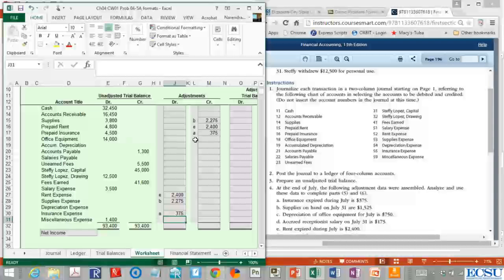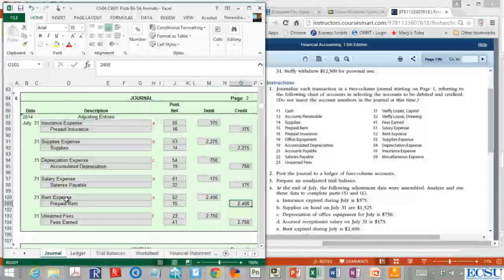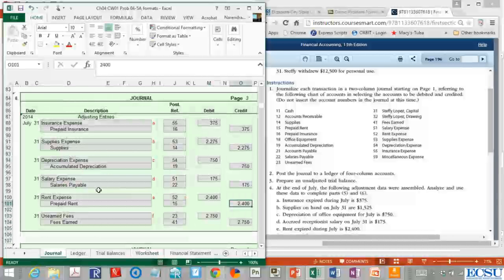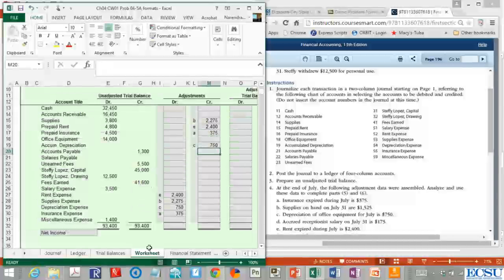C was with regards to accumulated depreciation. So let's do it number-wise, I think that's easier. Number C here, depreciation expense, and depreciation expense was 750. Let's find accumulated depreciation. Here it is, number C, 750. And then number D was a salary expense and salary payable.